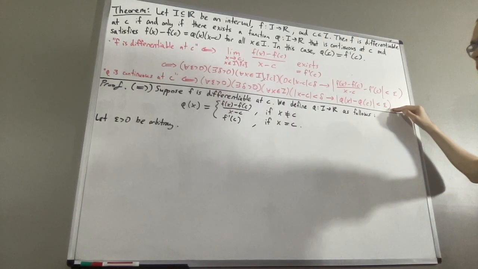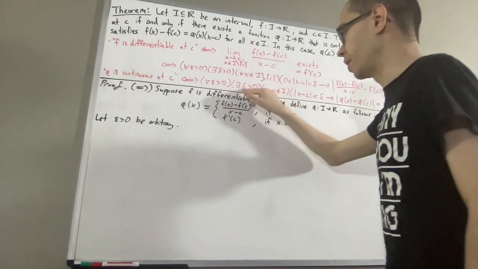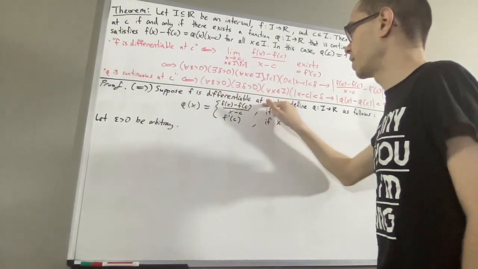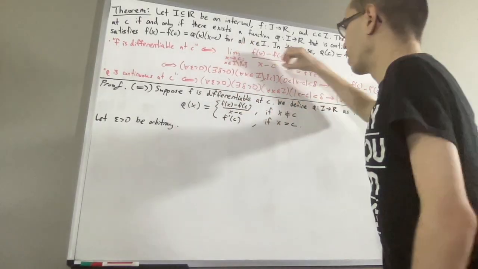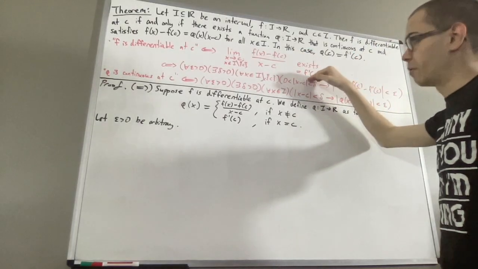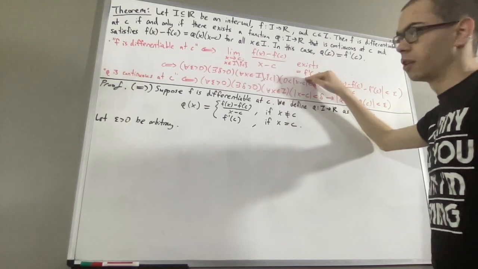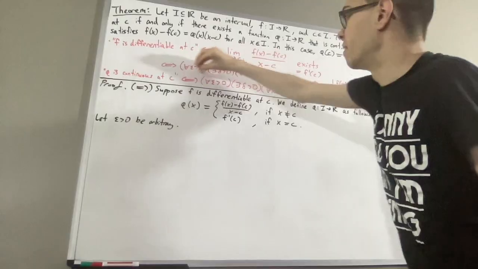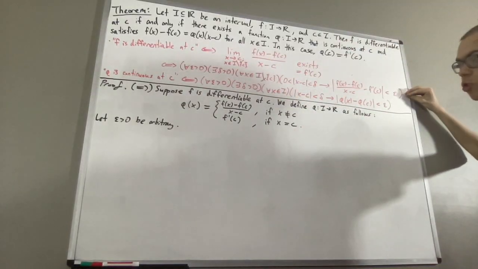Now, to figure out what we should choose delta to be, we use the fact that f is differentiable at c. So since f is differentiable at c, that means that this limit exists, and we say it's equal to f prime of c, right? We call that the value of this limit. But then, by definition of the limit of a function, that means that this statement is true.